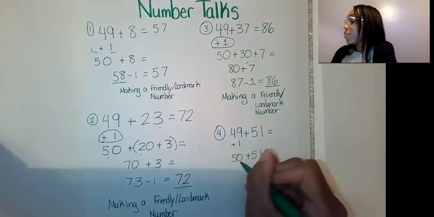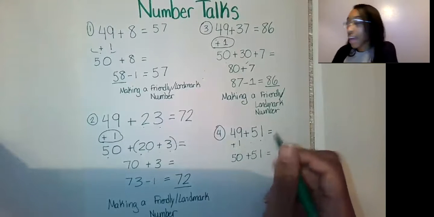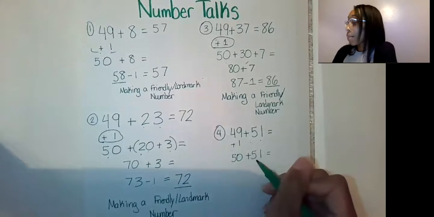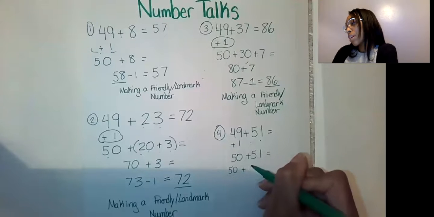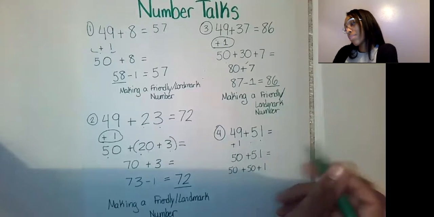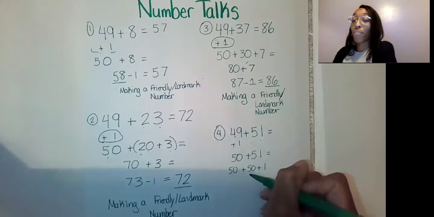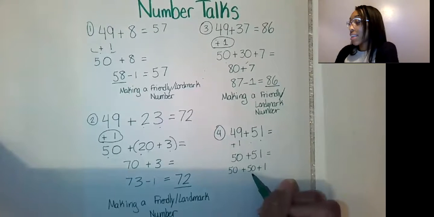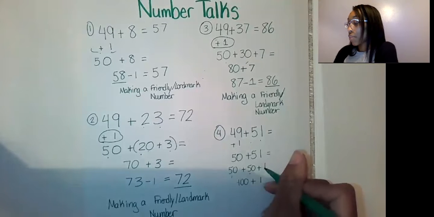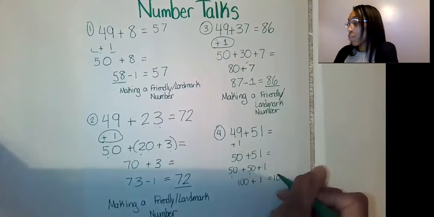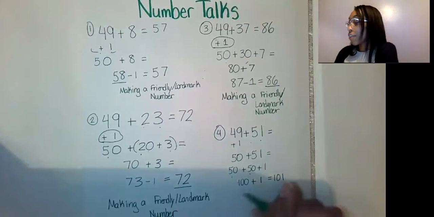So 50 plus 51, already I see 2 tens that are the same, but I'm still going to stretch that out. I'm going to make that 50 plus 50 plus 1 to show that that 51 gives me 5 tens. 5 tens and 5 tens, which is 50 plus 50, gives me 100, plus 1 from those ones equals 101. Now, I'm not finished. I have to pull that 1 back out from the sum that I just got.